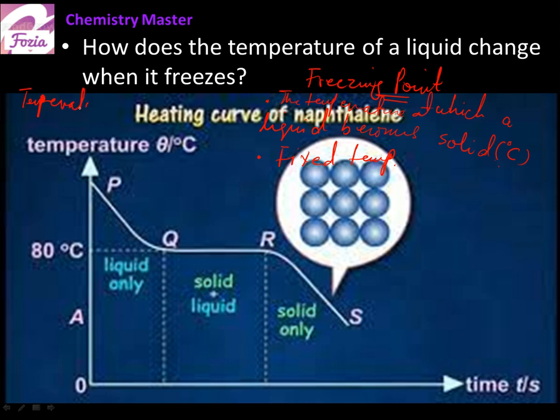This temperature curve is basically the graph between temperature versus time. On the y-axis we have plotted the temperature, and on the x-axis we have plotted the time. This time we are cooling a liquid, that's why we can call it a cooling curve.